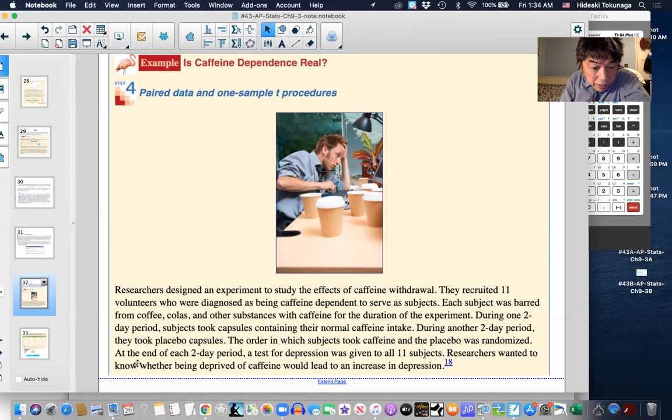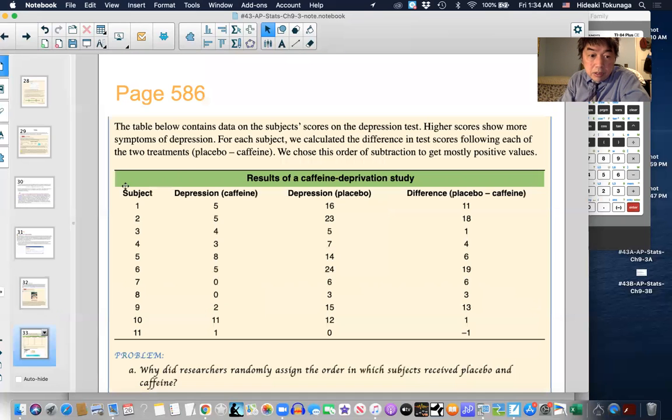At the end of the second period, the depression test was given to all 11 subjects. The researcher wanted to know whether being deprived of caffeine would lead to an increase of depression. So this is a table. Subject means human being, so it could be Tony, Thomas, or Nancy, anybody's name here.